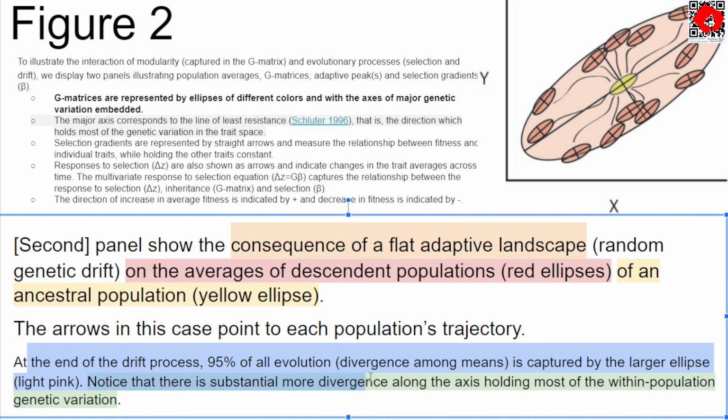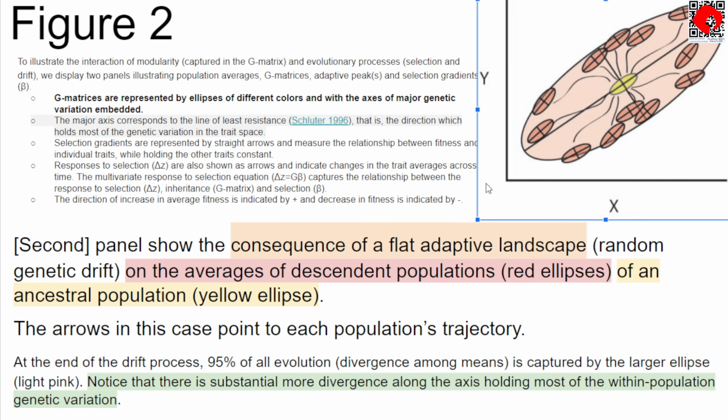Note that there is substantially more divergence along the axis holding the most within population genetic variation. So this is a visualization that connects the within generation to across generation and possibly meta-populations level. So the ancestral population has the variability characteristic of the center yellow oval.